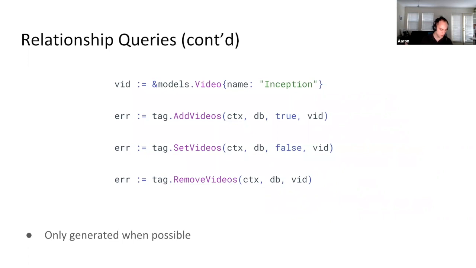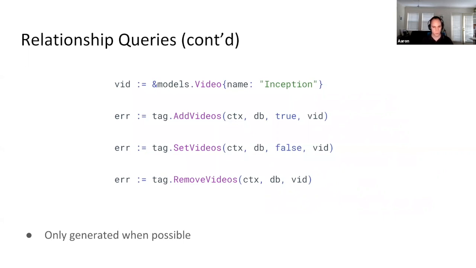These are actually big queries that you would have to write yourself. They're kind of annoying, so very nice that this helps you. And you'll notice that set videos and add videos take a Boolean flag. They can actually also additionally insert whatever you're passing in. So the add videos will actually insert vid into the database before it relates it. And I believe it tries to do that as efficiently as possible.